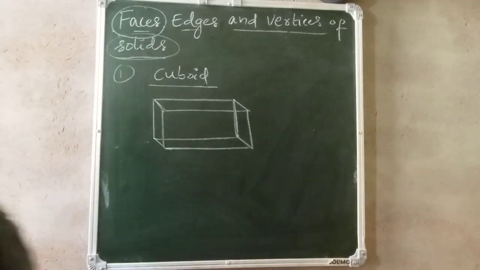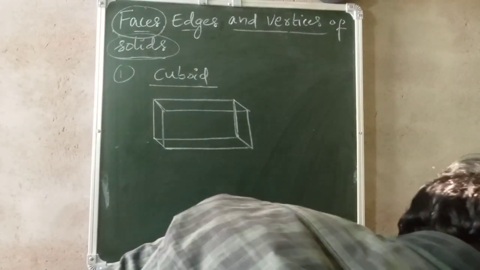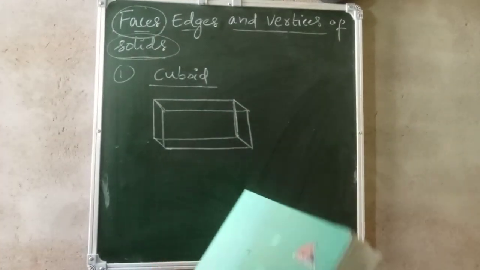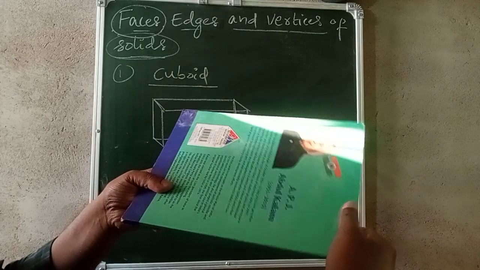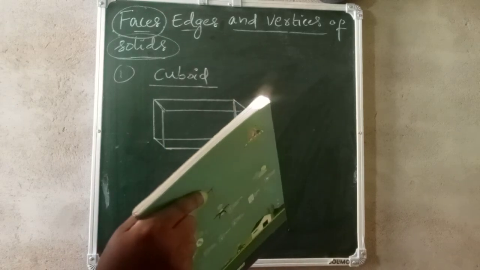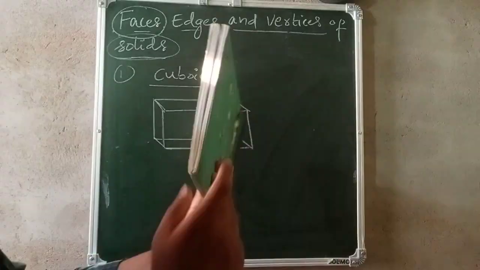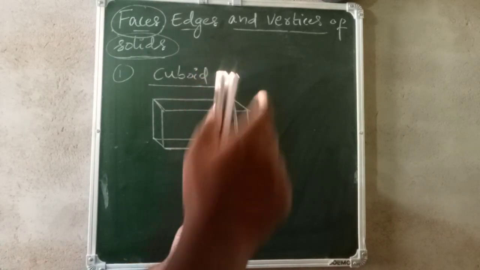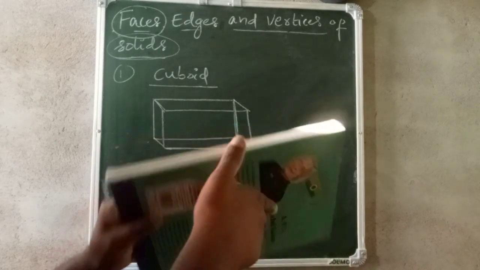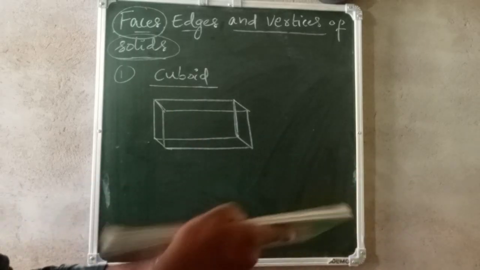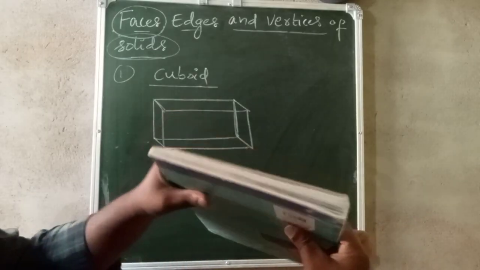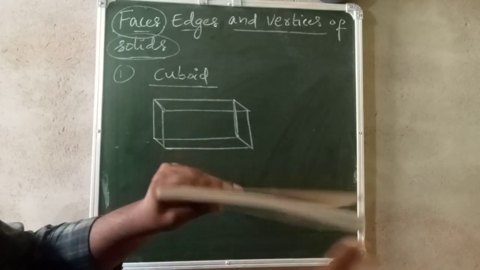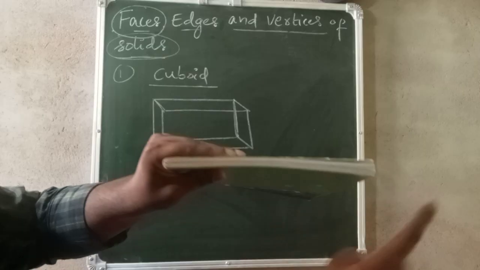Better, I will take a book. This book is also a real life example of a cuboid. This is length, this is width, and this is height. Face means this is one face, this is the second face, this is the third face, this is the fourth face, this is the fifth face, and the sixth face.